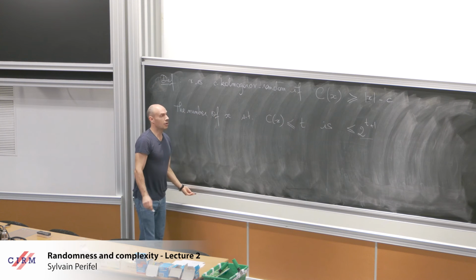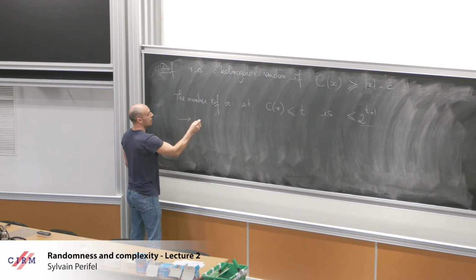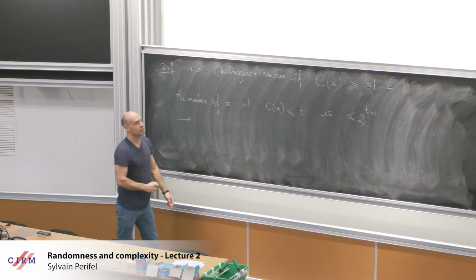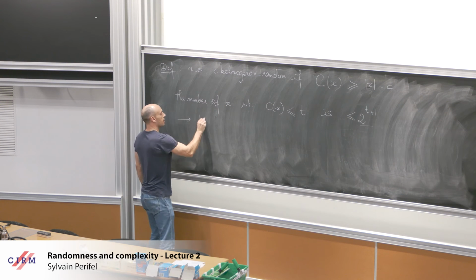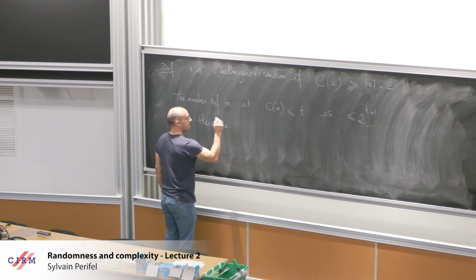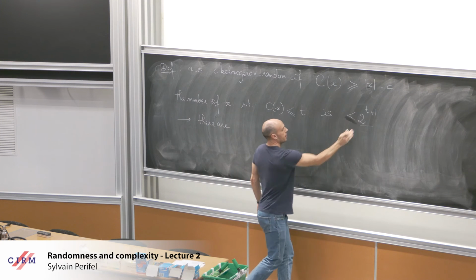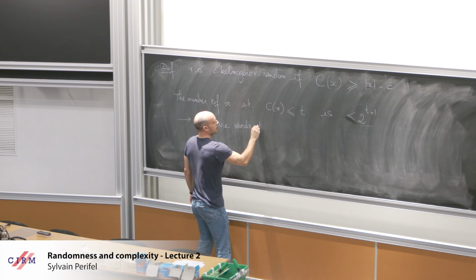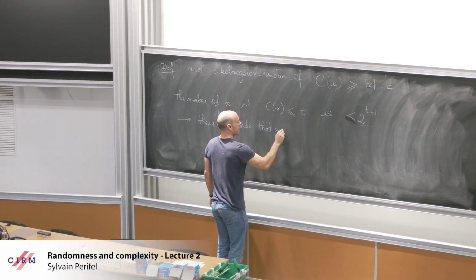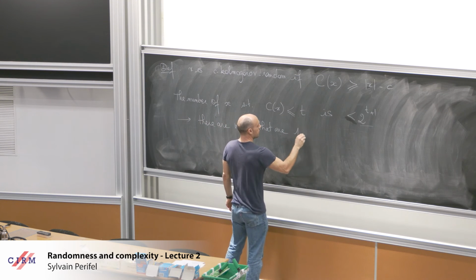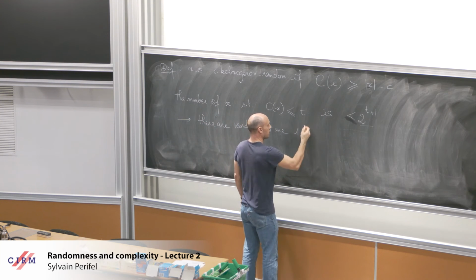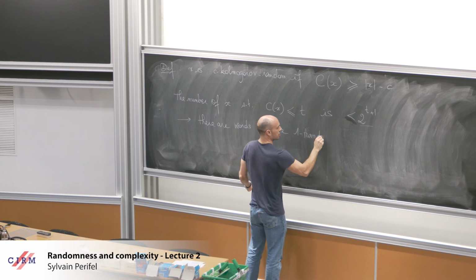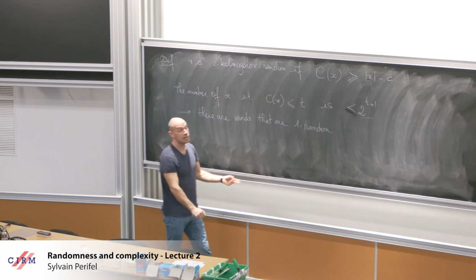Okay? And now it means that since the total number of x is 2 to the n, there are words that are, let's say, 1-Kolmogorov random, 1-random for instance, or even 0-random actually.